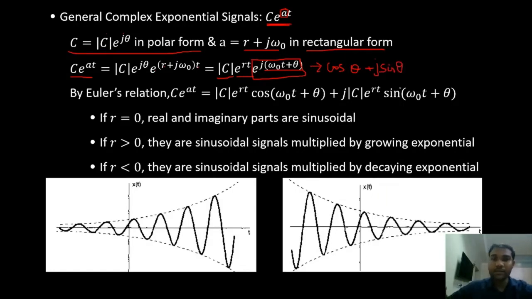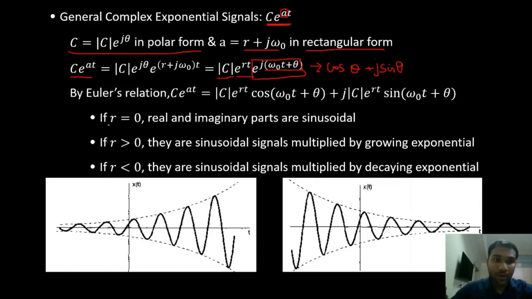I can write it in this form. So I will now expand this in terms of cos and sine. So mod C e power rt into cos omega naught t plus theta plus j mod C e power rt into sine omega naught t plus theta.